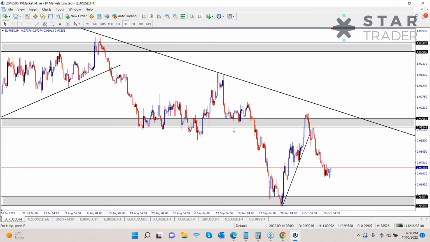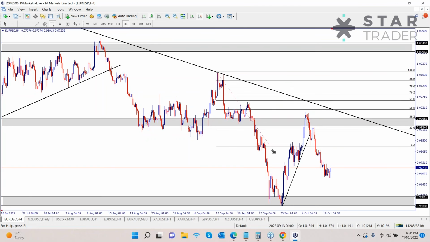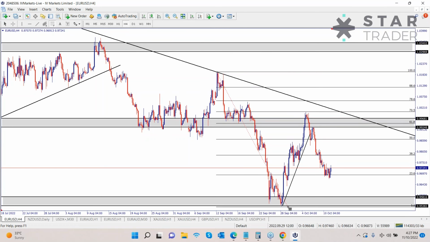So the impulse is bearish, which means the market will remain bearish after the correction. To identify the correction, you simply select the Fibonacci tool and drag and drop it here. Look, I have applied the Fibonacci from the start to the bottom of the impulse.